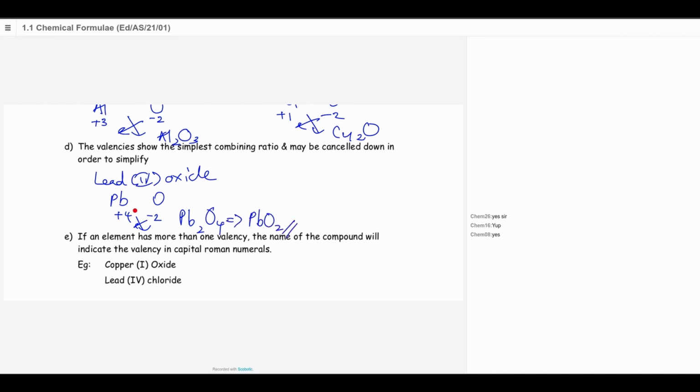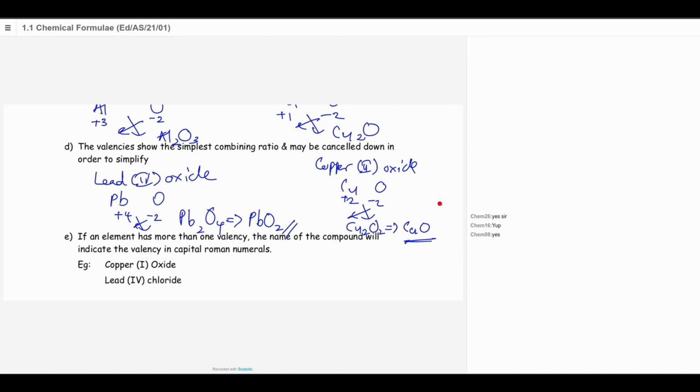Remember, the valencies which you cross, you can simplify them, right? Only the valencies. Copper(II) oxide: Cu +2, O -2, you cross the valencies, Cu2O2, which is CuO. Clear? So if you can simplify the valencies, you should simplify.